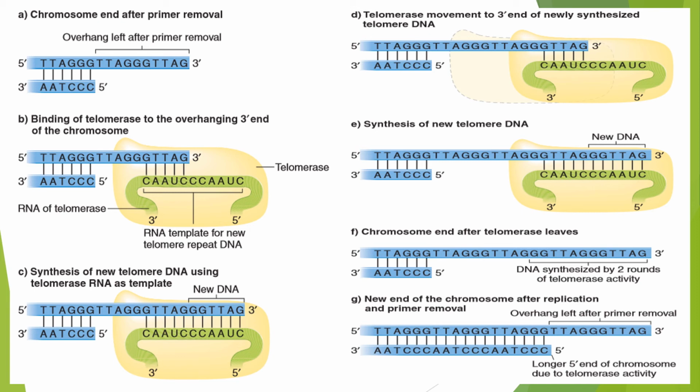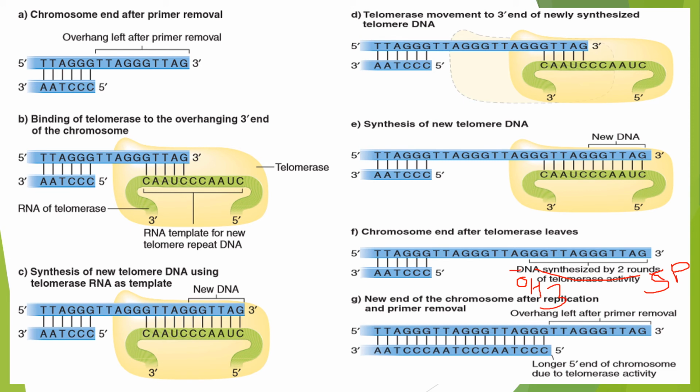So we have this much amount of template strand. Now RNA primase will once again synthesize the primer over here. Here there will be a 5' phosphate group, and here there will be a 3' OH group on the new strand.